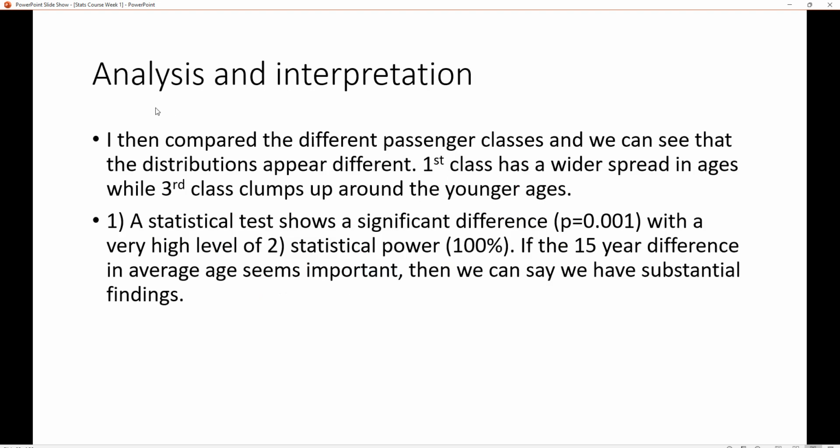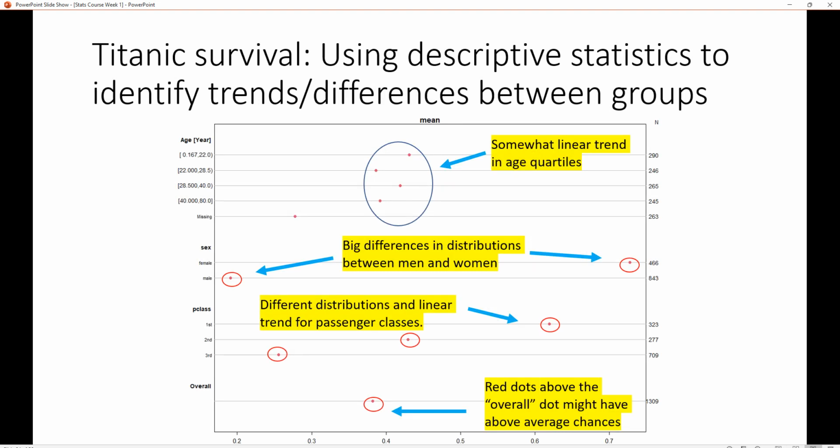We can include that in our descriptive statistics, and we can also perform statistical tests and make inferences about these differences between passenger classes. Within these sets of analyses, we can begin to identify trends and differences between groups, and we'll do that here specifically for Titanic survival.